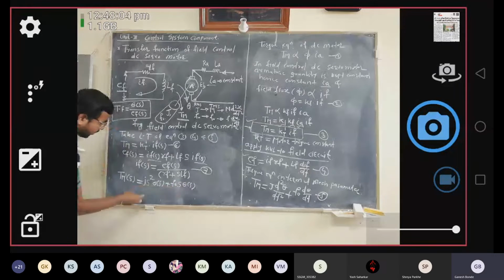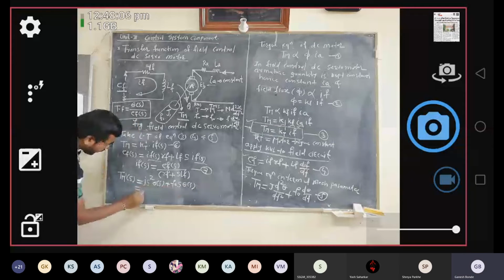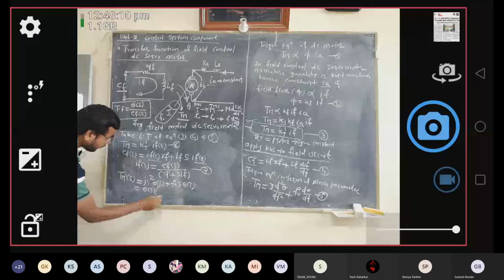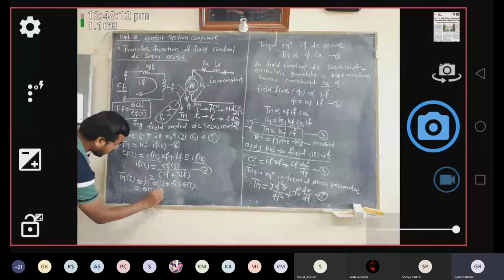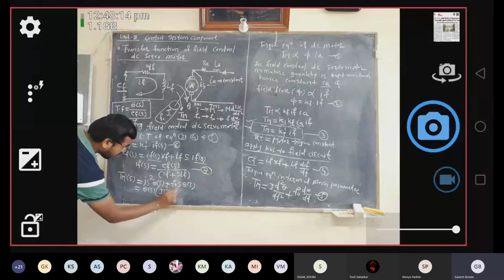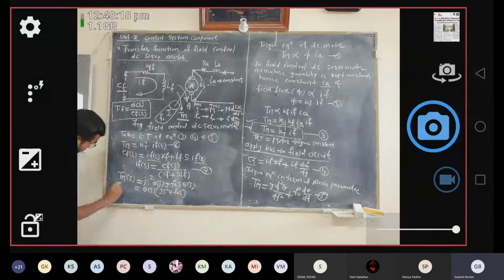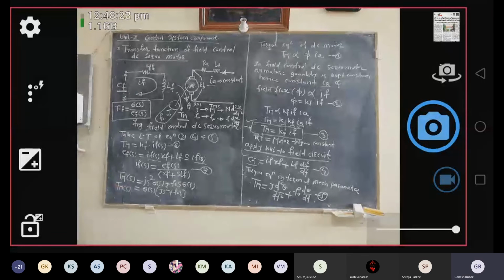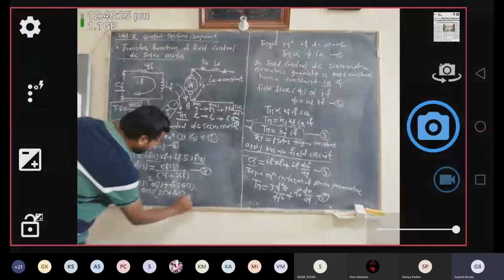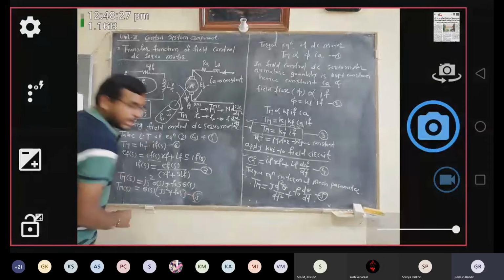Take theta of s common from these terms. If you take theta of s common, you are getting J s square plus f0 s, that is equal to E m of s. Now give equation number 8 for this.